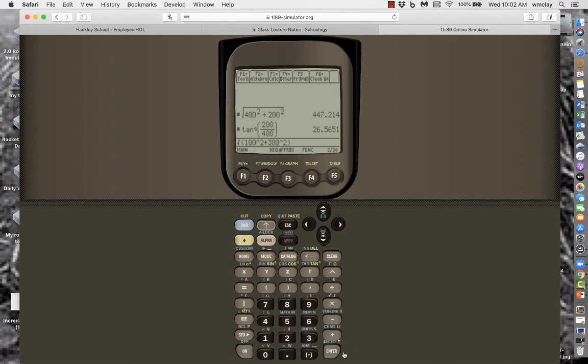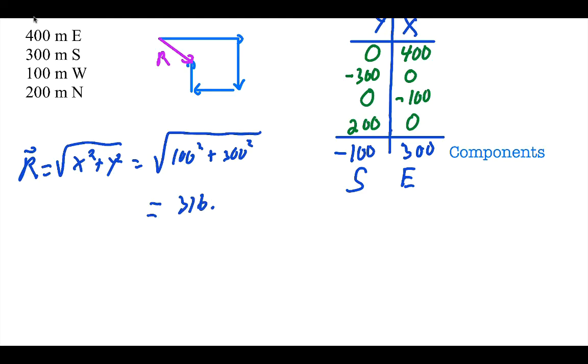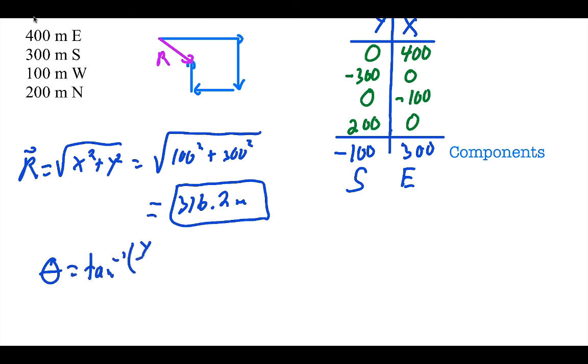Close the parentheses, hit enter, and I get 316.2 meters as the magnitude. Next, I have to do the direction, which is the inverse tangent of the y over x value. So the inverse tangent of 100 over 300.